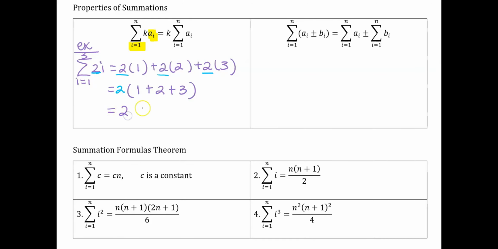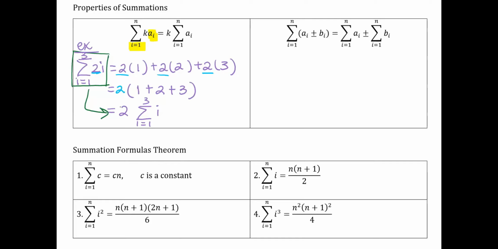So we have 2 multiplied with the sum from i equal 1 to 3 of just i, where we're just adding 1 plus 2 plus 3. So basically, we went from here to here by just factoring out the 2, pulling that 2 out in front. That is what the first property says.